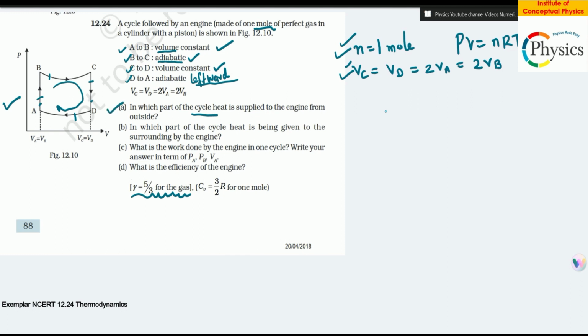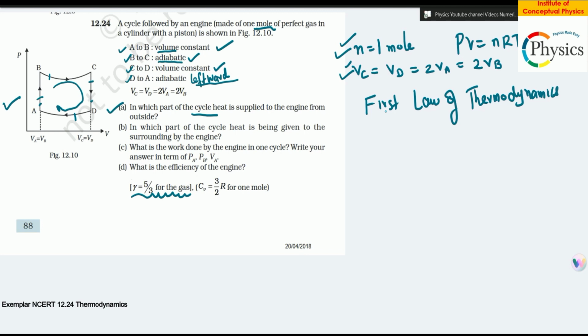So the first part is: in which part of the cycle is heat supplied to the engine? Now remember, whenever we see these graphs, cyclic processes or PV graphs, the first thing that has to strike you is the first law of thermodynamics, because we're dealing with work done and heat supplied, right?